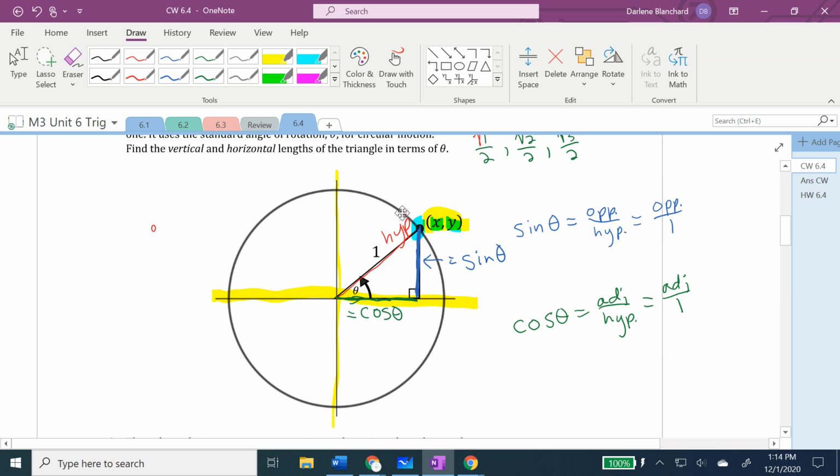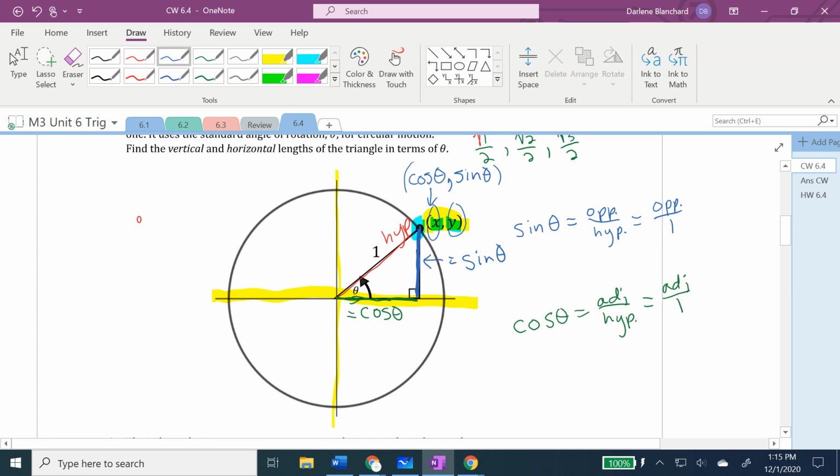But anyway, we're looking only at points that are on this circle. Each of those points has an x-coordinate and a y-coordinate, and that x-y coordinate pair happens to be the cosine of the angle that has been traversed, comma, the sine of the angle that has been traversed.